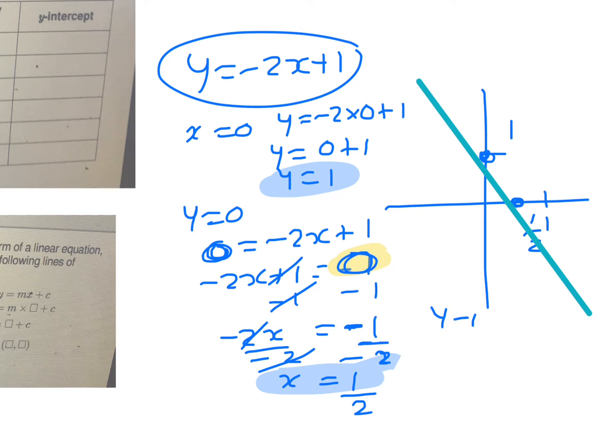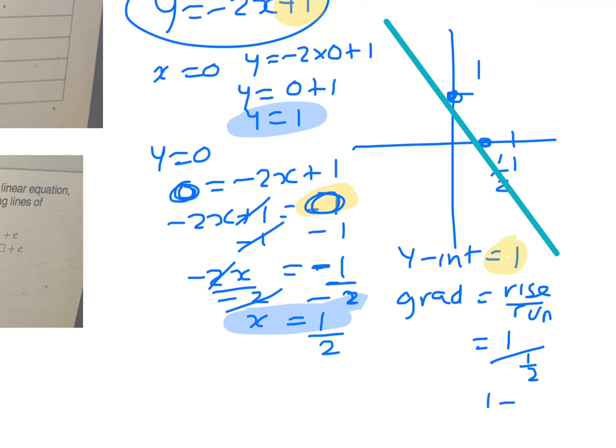You can see that the y-intercept is equal to 1, which just matches that number there. And you can see if you did the gradient, it is the rise on the run. So the rise here is 1, the run is 1/2. And if you did 1 divided by 1/2, it's 1 times 2 on 1, because remember, when you divide, look to the right side, flip and multiply.